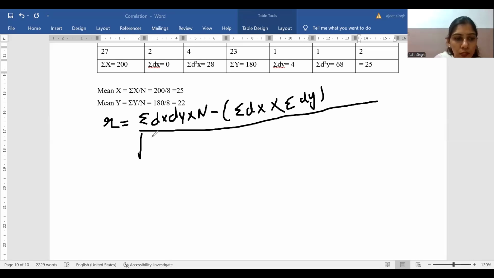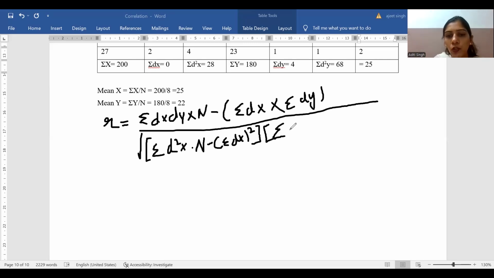Okay, so first put the big bracket. Then sum of d square x multiply by n minus, then put small bracket. What we have to do? We have to write the sum of dx whole square. Now we have to close the big bracket. Again put the big bracket.